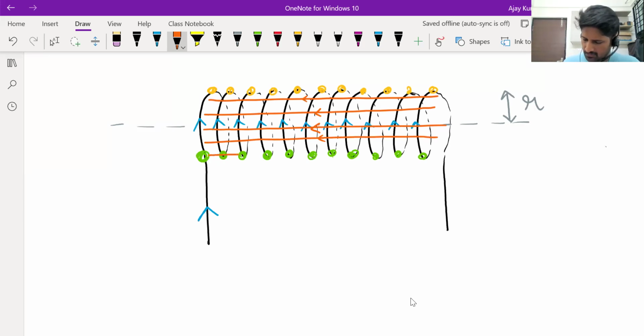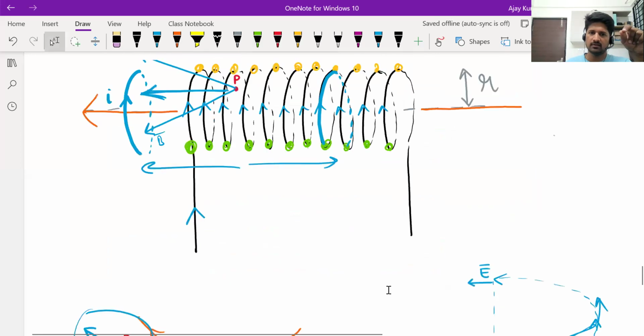Whether it is uniform or not, we'll discuss, but the field lines are going to be straight. That field strength is what you are asked to calculate or derive. Now, since the solenoid is infinitely large, for any point inside the solenoid, it doesn't matter.